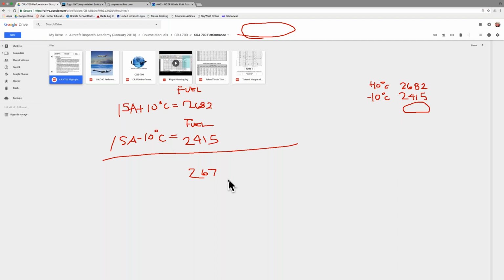Sounds really bad. 267 pounds, just using our general calculation. The APU burns how many pounds? 260 pounds per hour, right? But let's just use our normal engines.